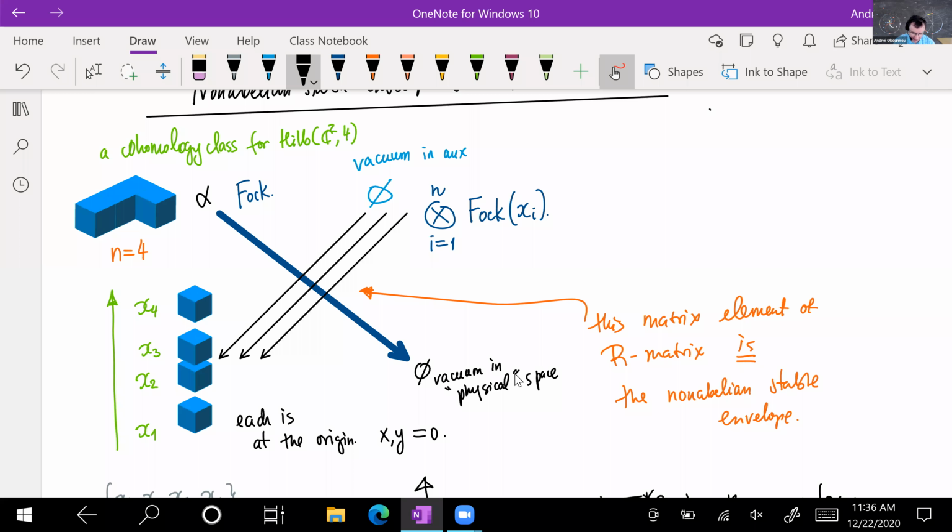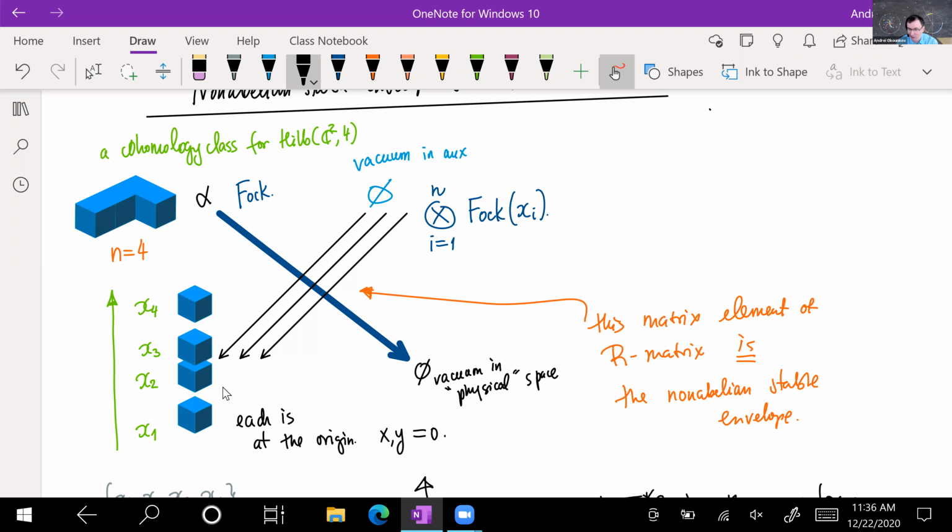Physical means the space of interest, and auxiliary means auxiliary. This remains to specify one thing, which is the matrix element in this corner that we would like to take. Let's take the following. We're taking n copies of the Fock space. This is like shifts of rank n, and among all shifts of rank n there's one particular one, namely where all the boxes sit at the origin.